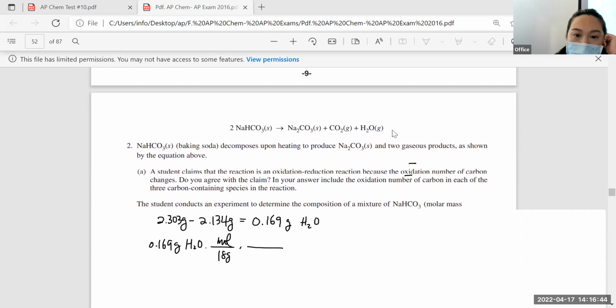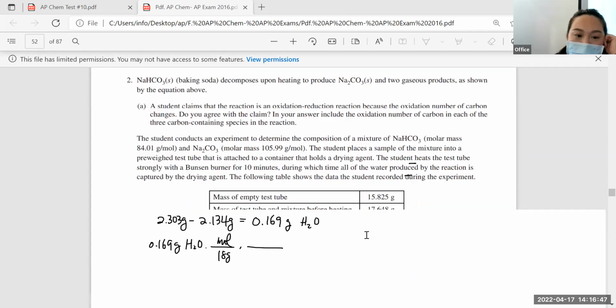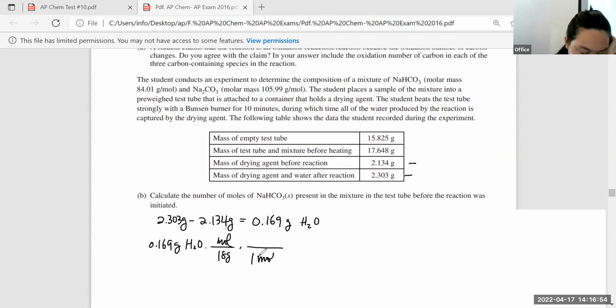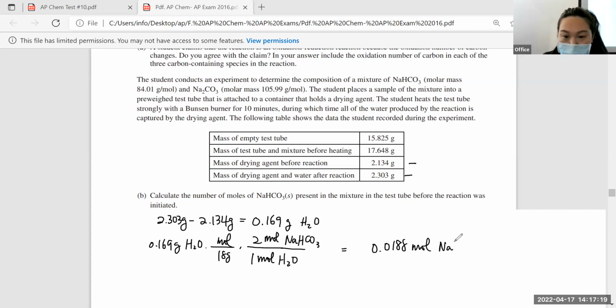For every 1 mole of water, 2 moles of baking soda. 1 mole of water is produced for every 2 moles of sodium bicarbonate decomposed. And this equals 0.0188 moles NaHCO3.